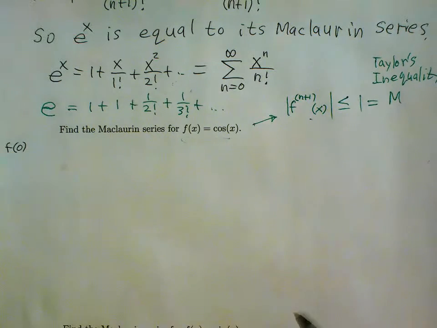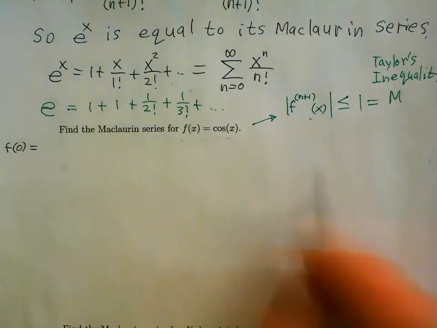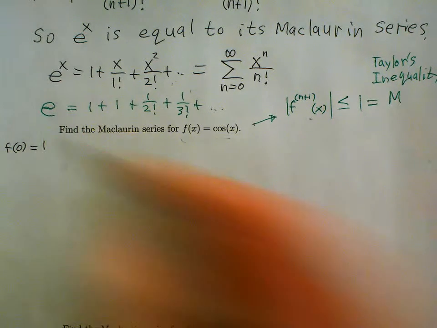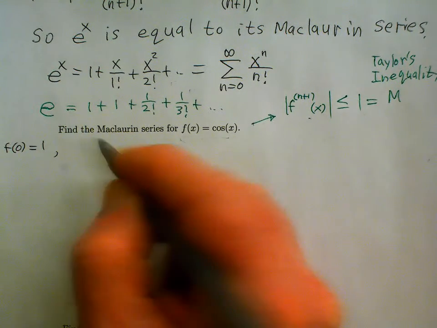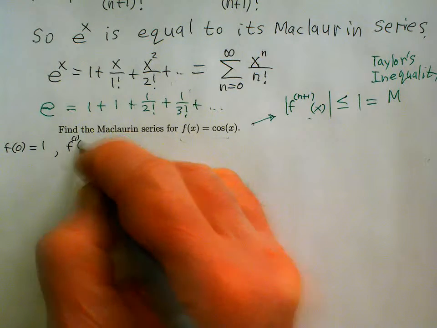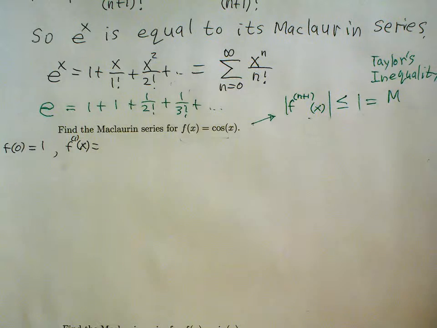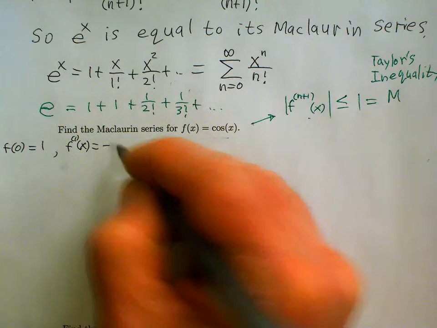Okay, so f of 0 equals cosine of 0 equals 1. The first derivative of cosine is negative sine of x.